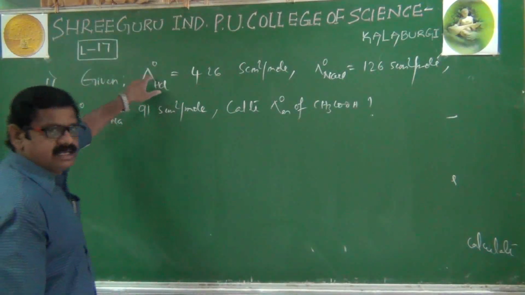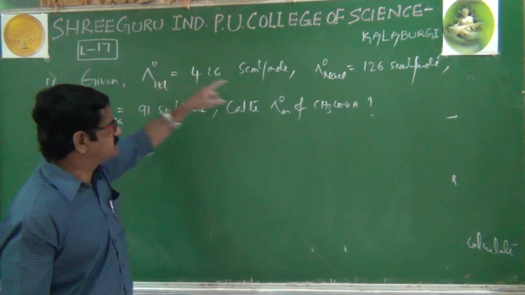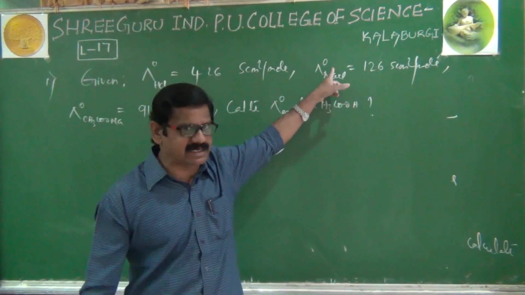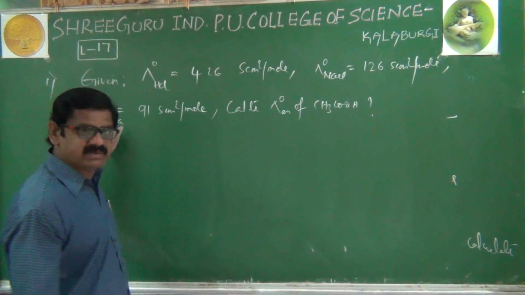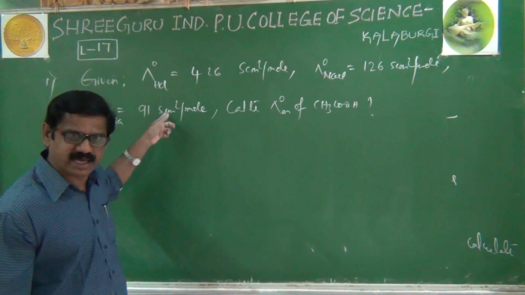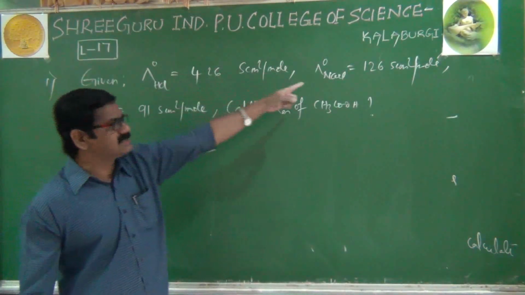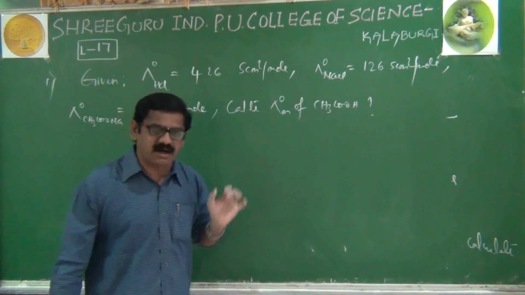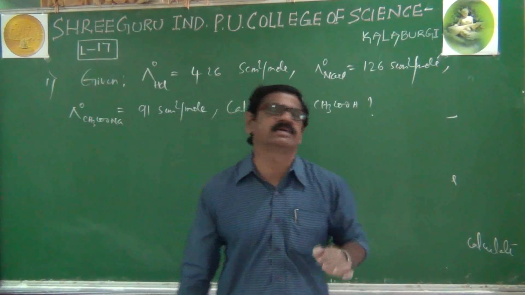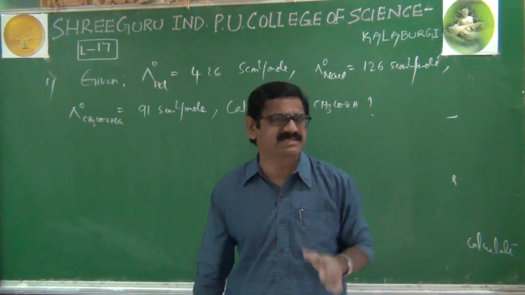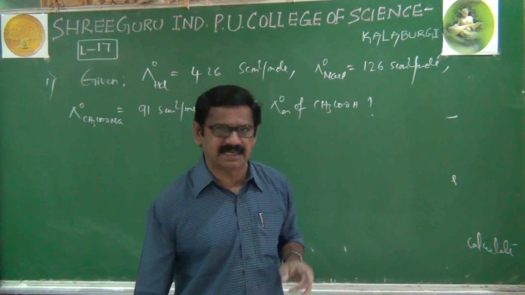Here HCl limiting molar conductance has been given, as well as NaCl and sodium acetate limiting molar conductance. All three are strong electrolytes. Strong electrolytes' limiting molar conductance can be calculated by graphical study, nothing but experimental studies.